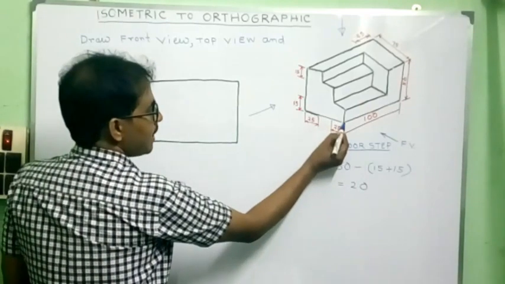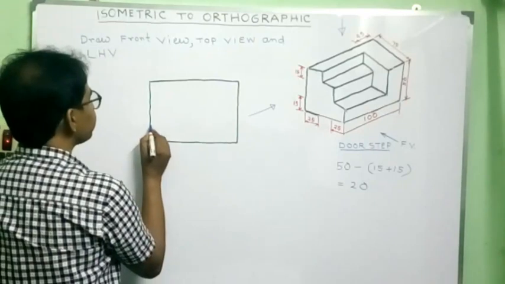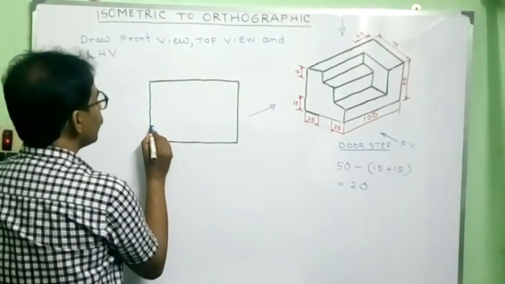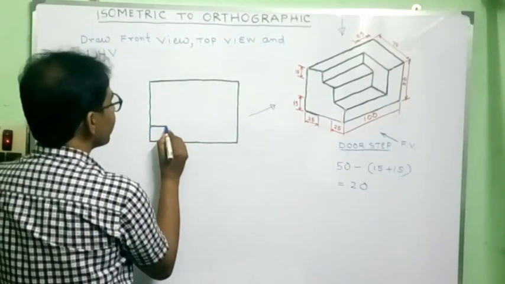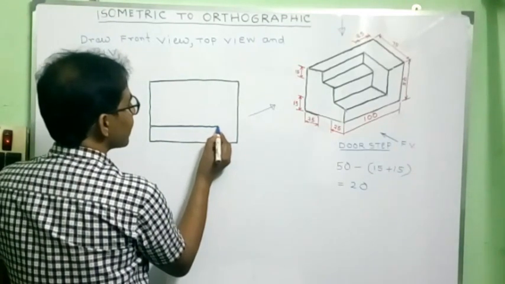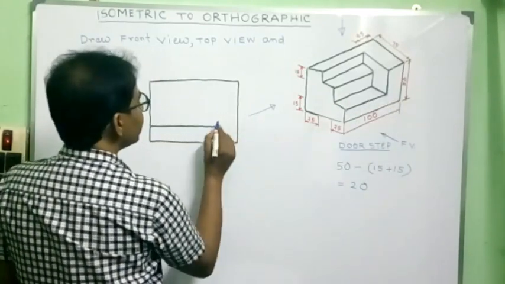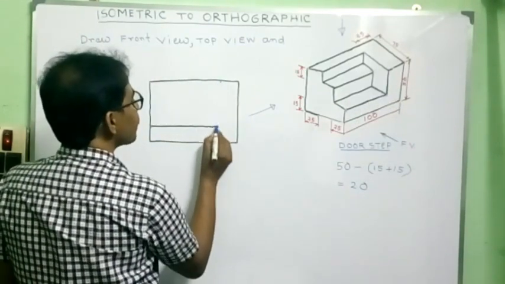So this height is 15. We draw a line. This is 75.